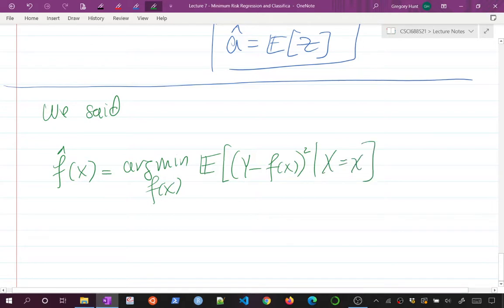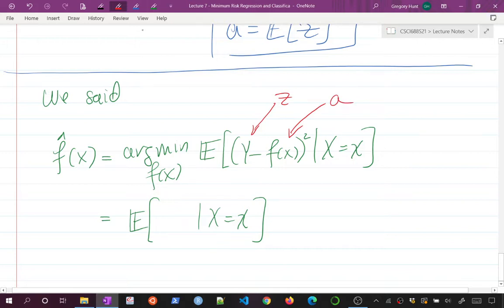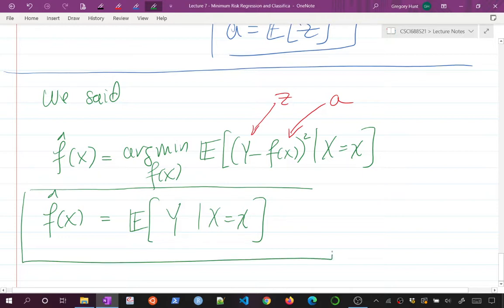It was to minimize this, and so by the above logic, well, now we have a conditional expectation, but that doesn't change much. So let's just tack on that conditional thing. Before it was z minus a. So if this y were z, and this were a, this would then just be the conditional expectation of y given x. Now that is the punchline.